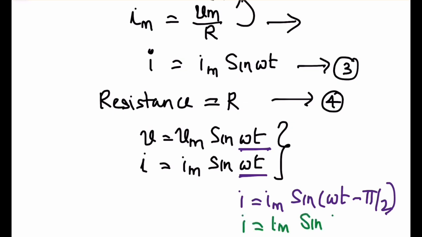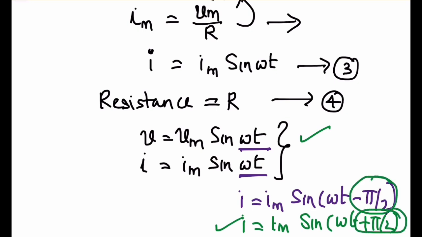There also the phase difference is pi by 2, that is 90 degrees. But in the case of inductance, voltage leads. In the case of capacitor circuit, current leads. Now you can clearly see here it is minus pi by 2, here it is plus pi by 2. All those things I will explain later again.